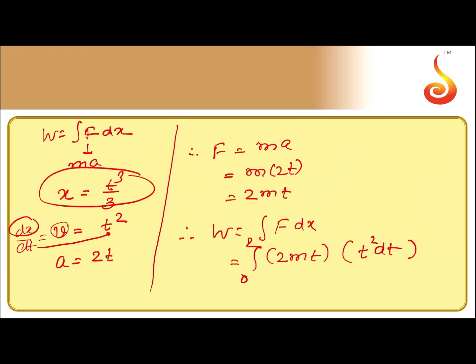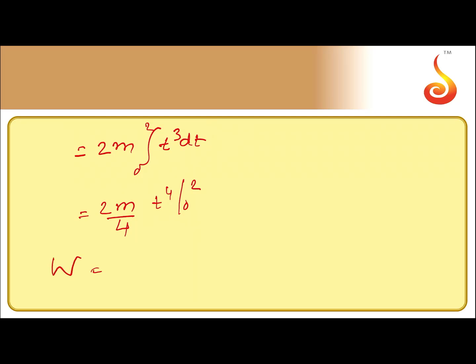So 2m goes outside, and we are left with integral t cubed dt from 0 to 2. So 2m times t to the power of 4 divided by 4, from 0 to 2, and upon substitution, which I want you to do and check for yourself, it turns out to be 16 joules.